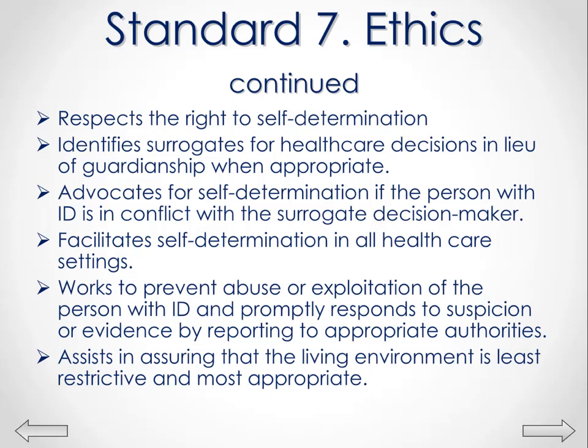At times, the registered nurse may be part of a team effort to help the person identify someone who would be their surrogate decision maker in the future, or in the case of a catastrophic illness where the person has not been able to do that ahead of time, to help identify a surrogate decision maker and then help that decision maker understand about what is important to and for that person.